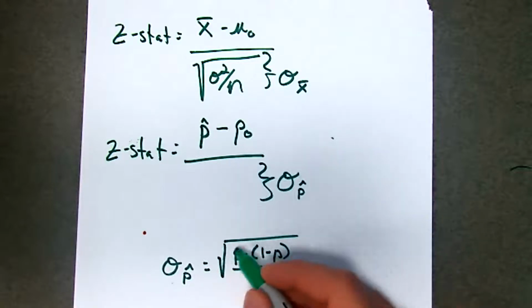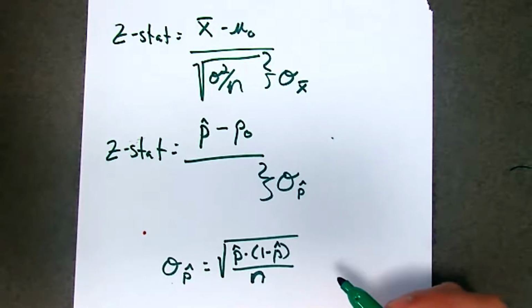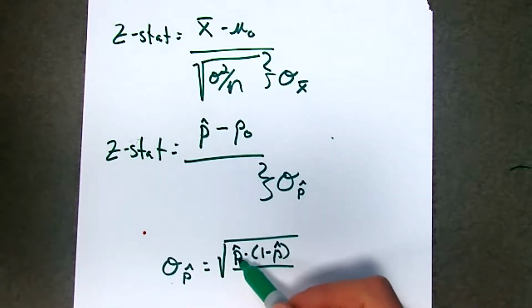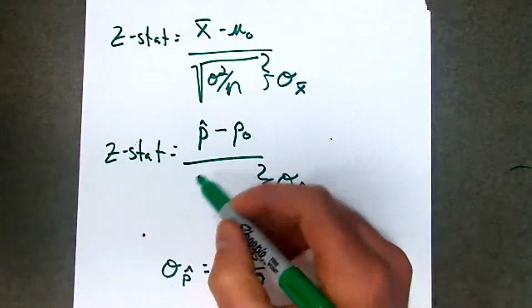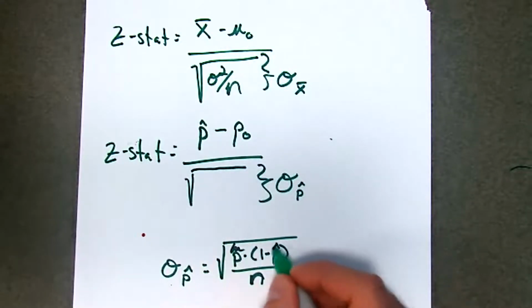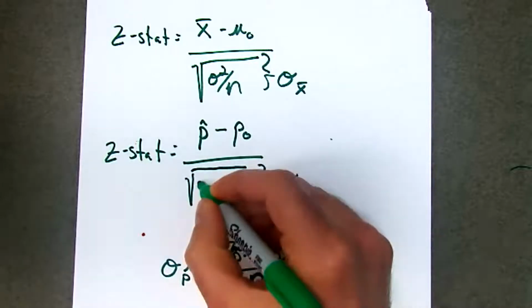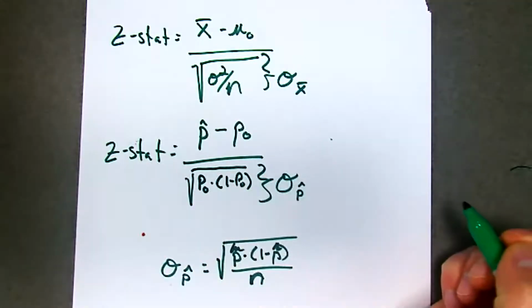So what did we do? We used our best guess, which was our sample proportion. Well, now, instead of using our sample proportion to calculate that standard deviation of our sample proportions, we have something better. We don't have the true population proportion, right? What we wanted here was the true population proportion, but what we have is the assumed true population proportion.